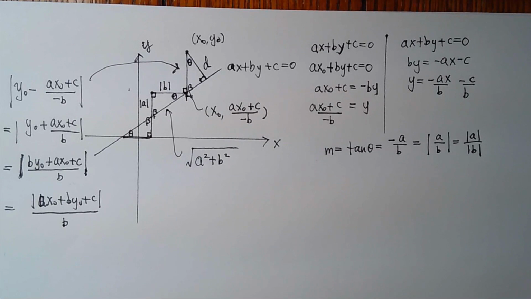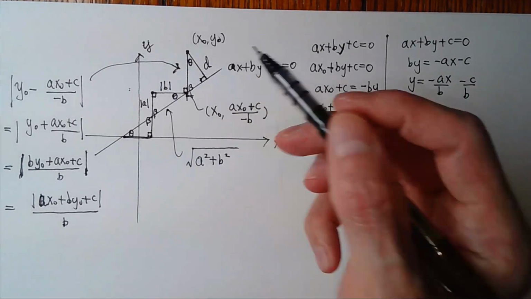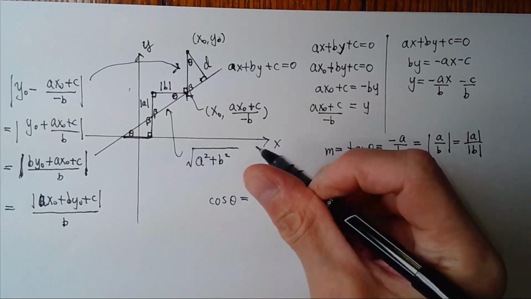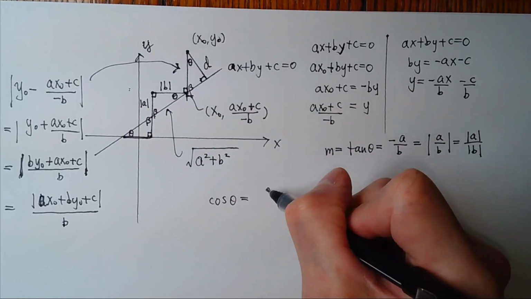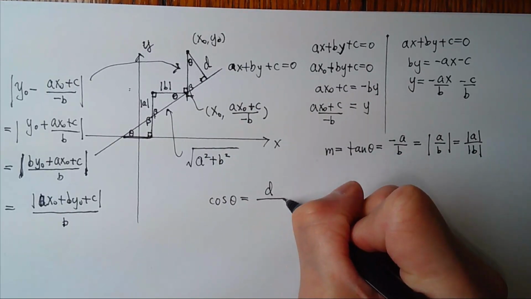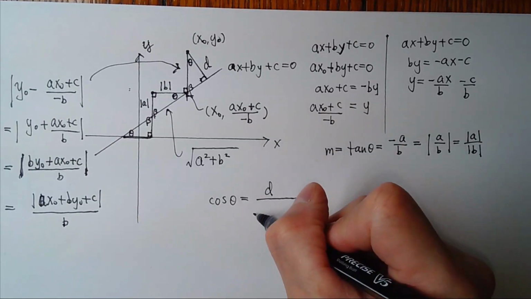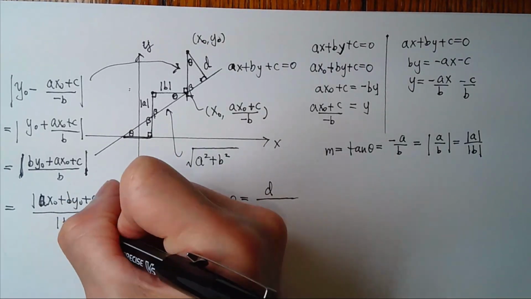Now we are ready to get the formula for the distance D. So look at the cosine of theta, the cosine of the angle in this triangle will be D over the hypotenuse, the adjacent over hypotenuse. The hypotenuse is just the absolute value of this. I forgot to put the absolute value sign here.